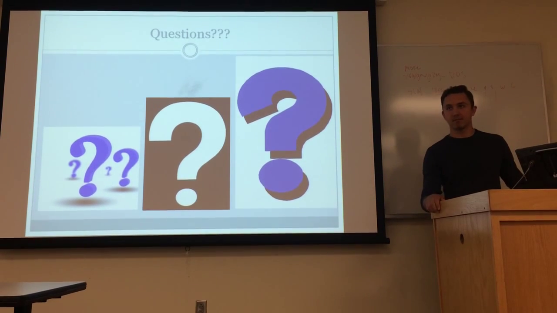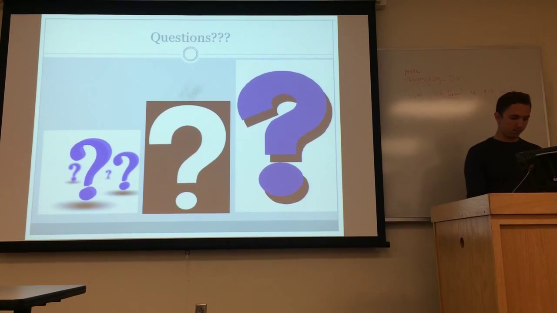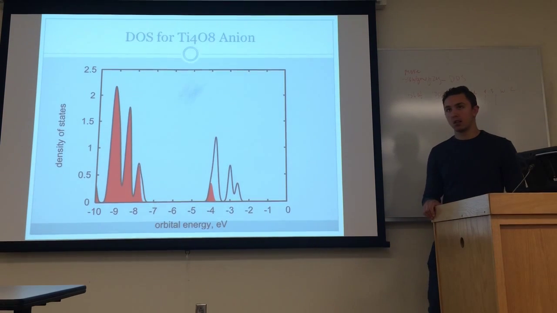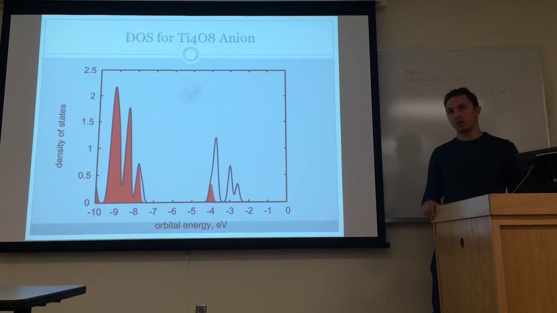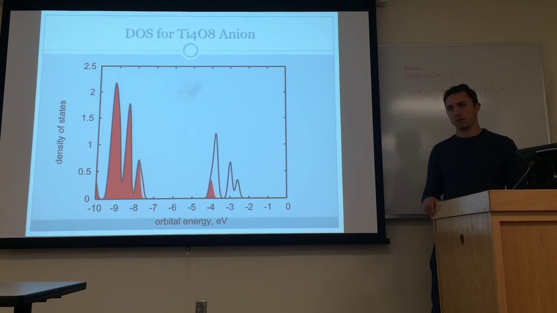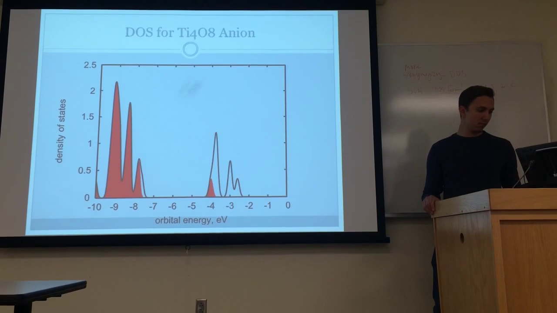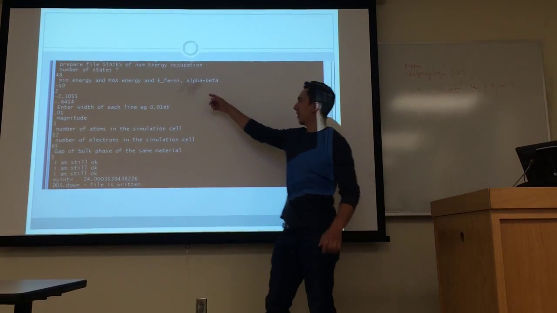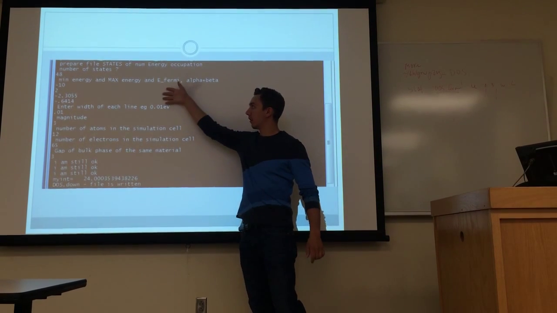So let's continue the question section. Can you go to the DOS chart, that one? So you have to input, I think this happened to me at one point, the range, the orbital energy, the x-axis, or does it do that automatically? Are you talking about right here, this area?